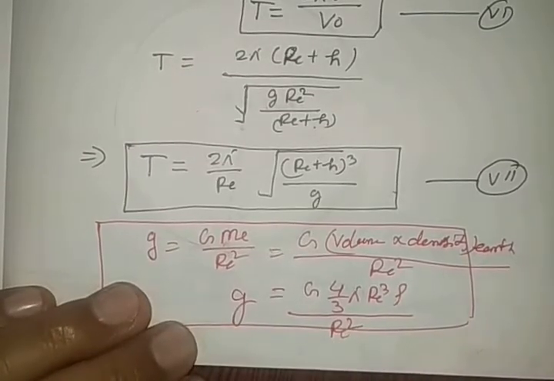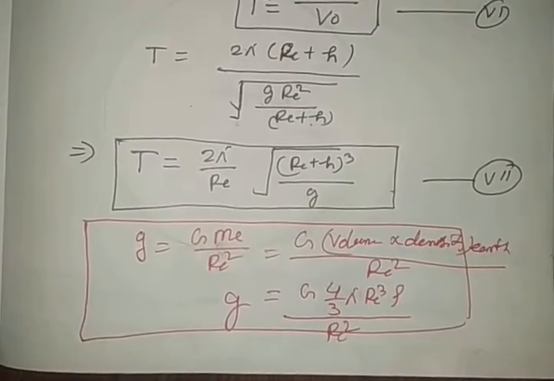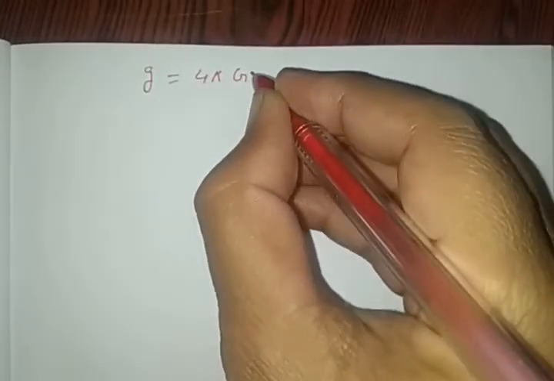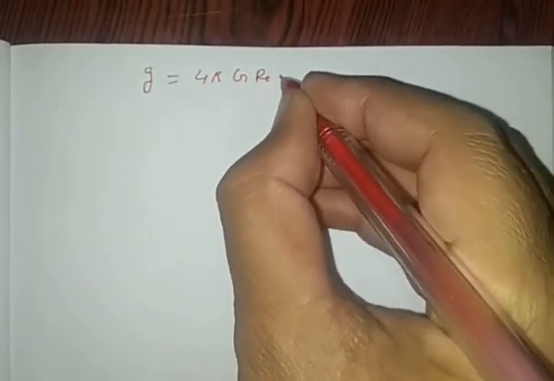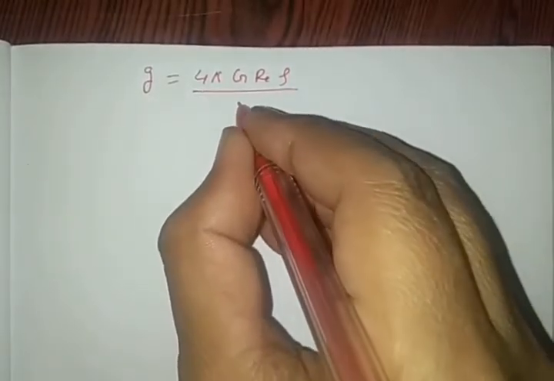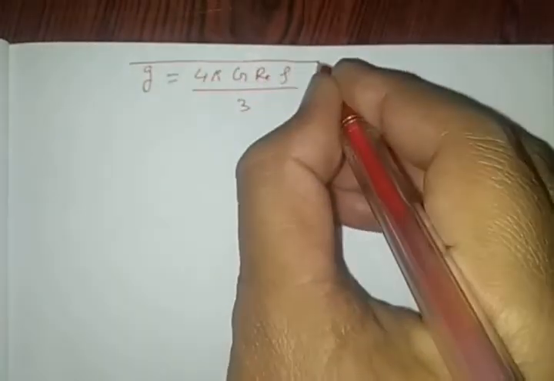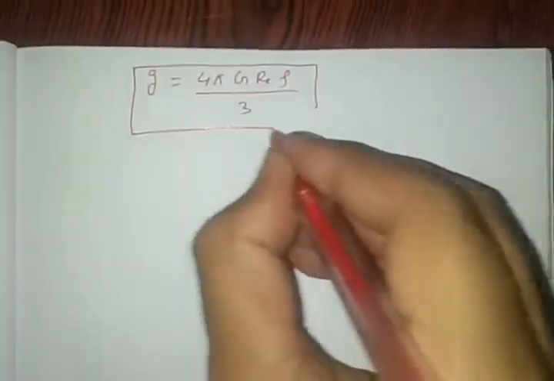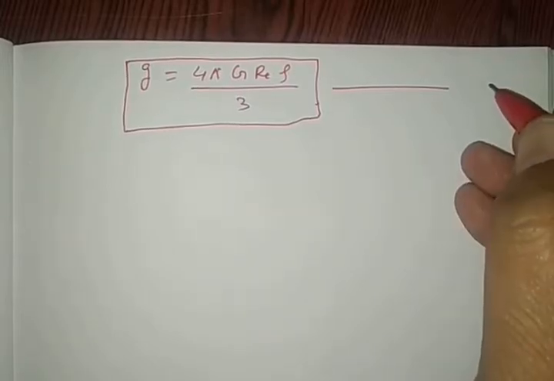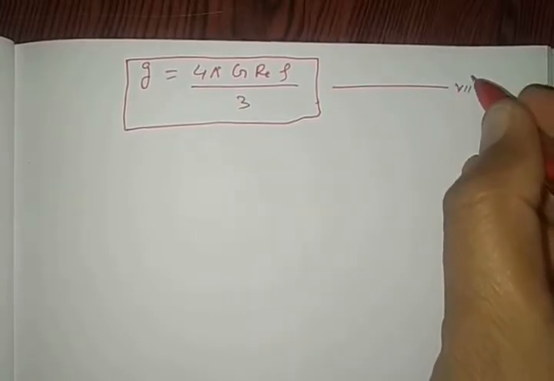Now calculating this, one may write small g is equal to 4 pi capital G RE rho by 3. It can be written as a new equation, equation number 8.